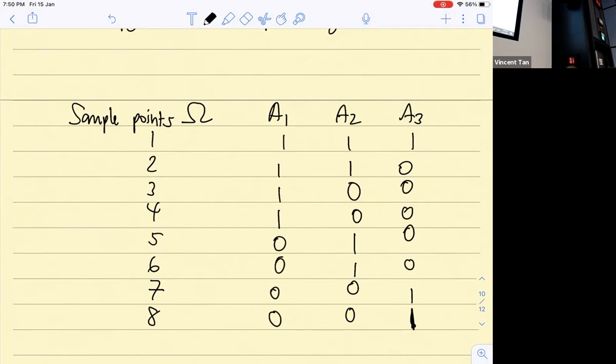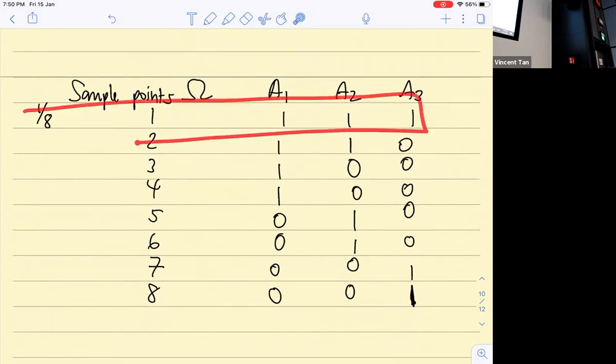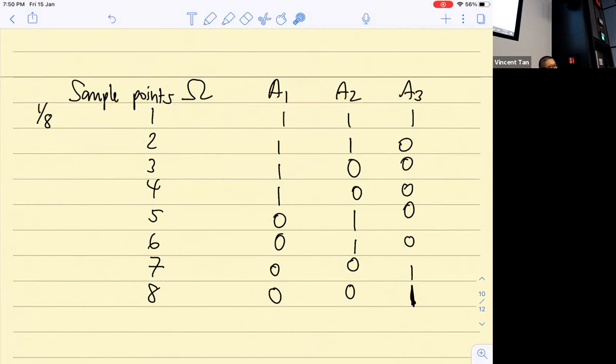All these sample points have equal probability 1/8. What this line means is that the probability of A1 and A2 and A3 is equal to 1/8. This is also 1/8 here, 1/8 here, all the way down.